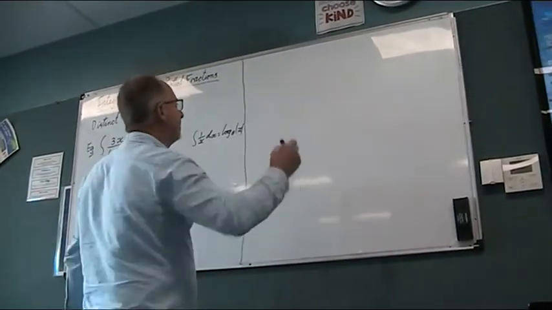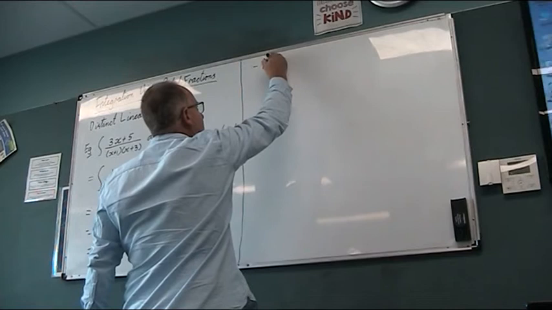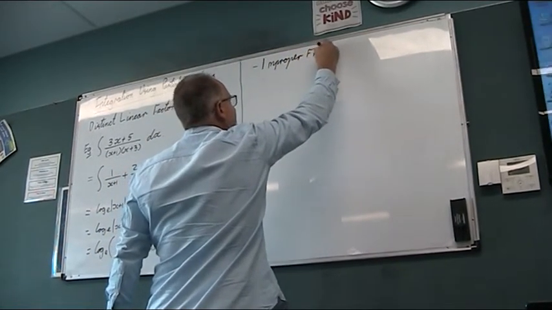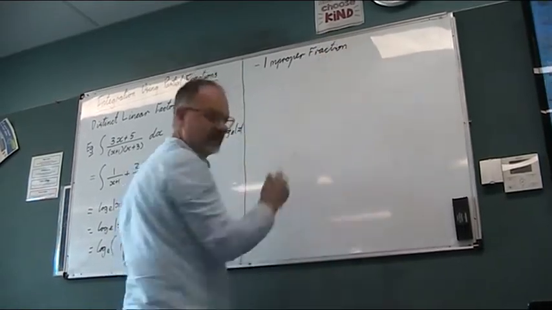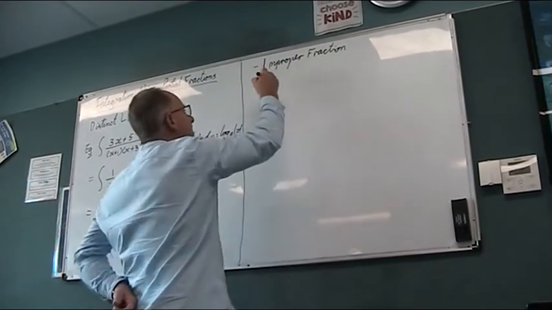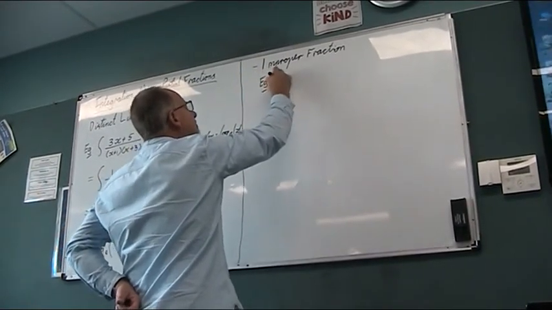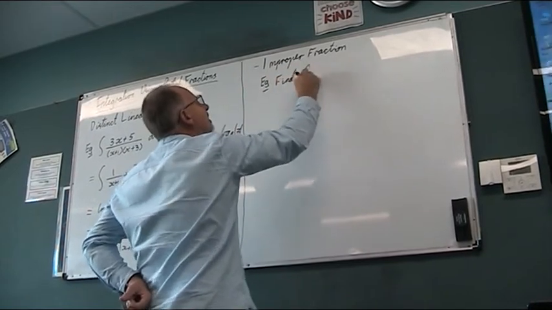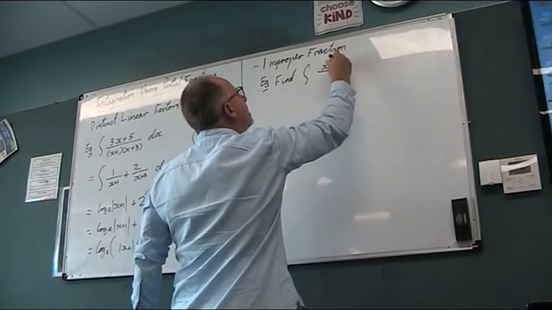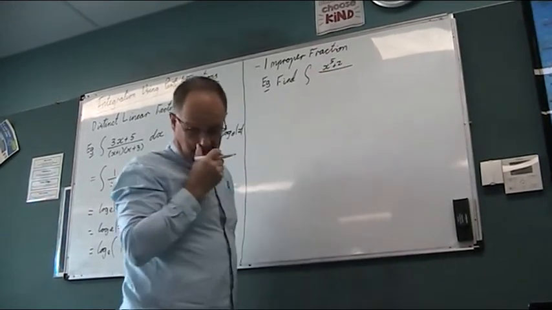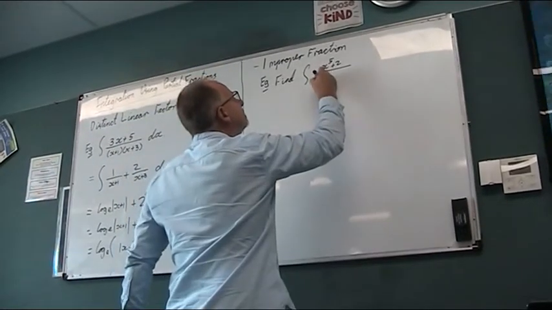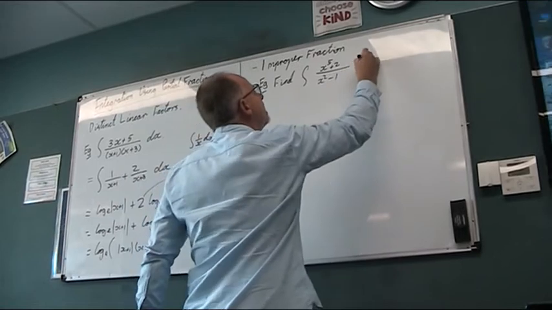Alright, so the next one we're looking at is if something's an improper fraction. For example this one here, x to the 5 plus 2 over x squared minus 1 dx.